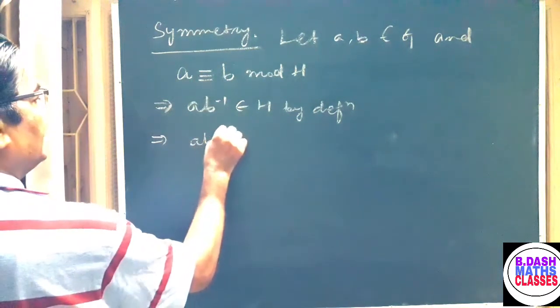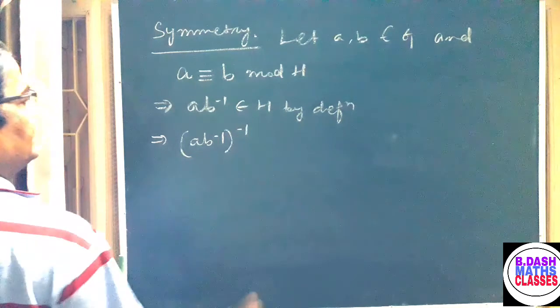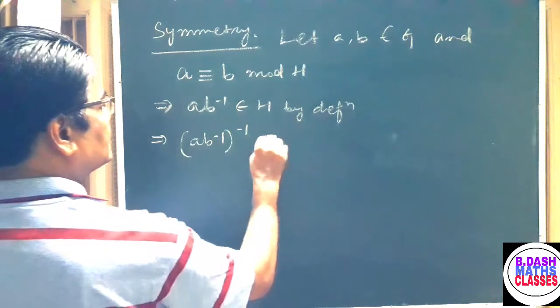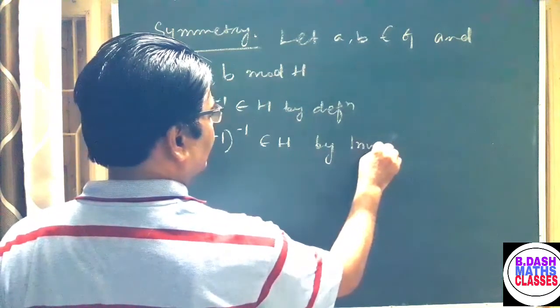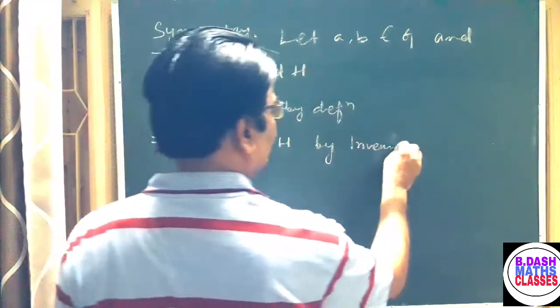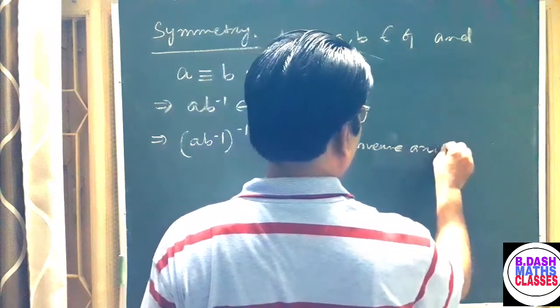Now a b inverse belongs to H, so the inverse of a b inverse belongs to H by the inverse axiom.